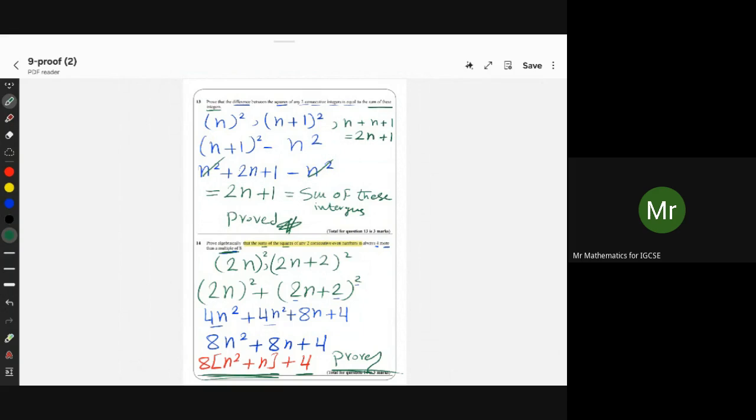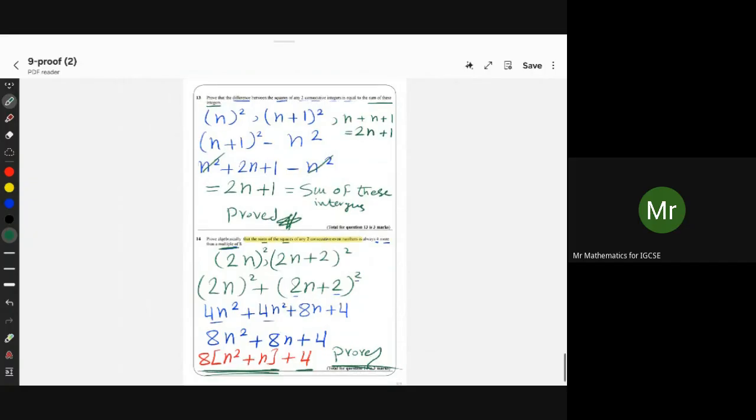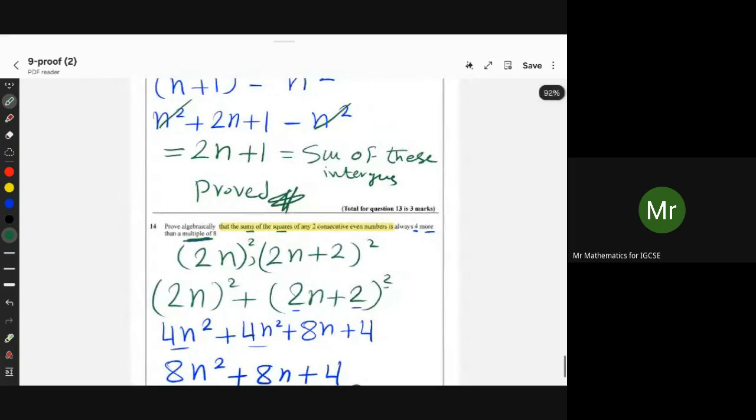But if you understand and memorize the shape of the even, odd, square, cube, integers, you can handle any question. Don't forget, sum means add, difference means subtraction between the large and the small, take away the small from the large. And is means equal.